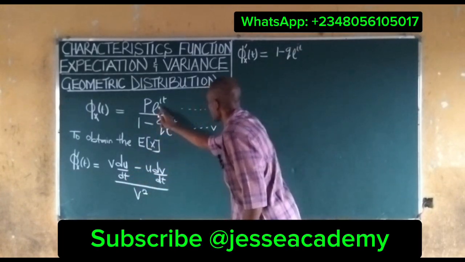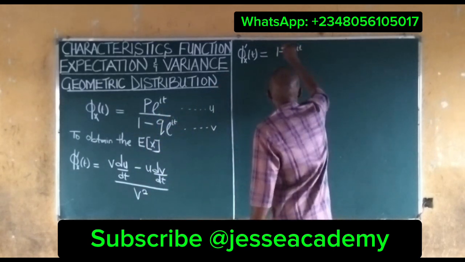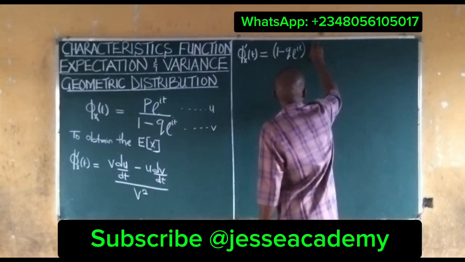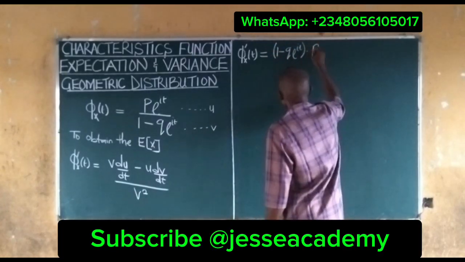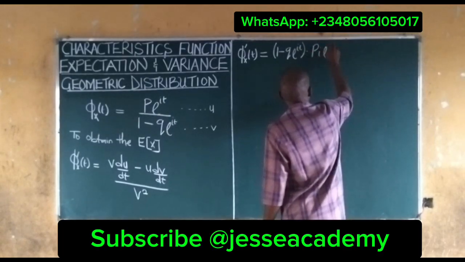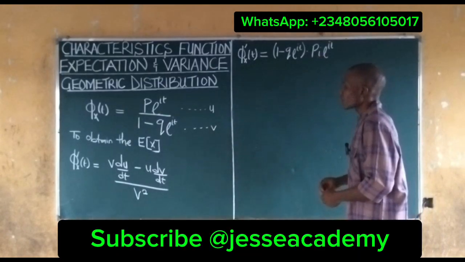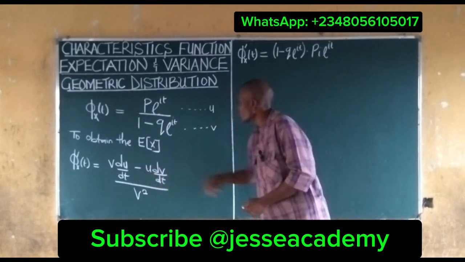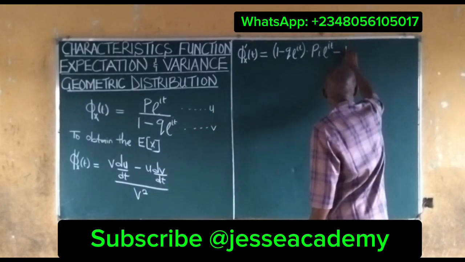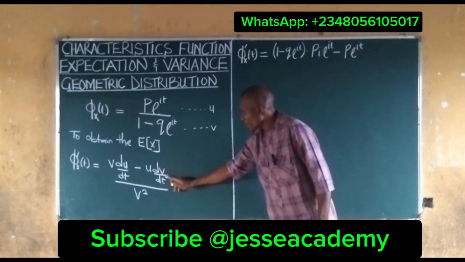The du/dt means we differentiate u. If we differentiate this, we have p i e^(it). Now we have minus u, which is p e^(it), then the dv/dt.